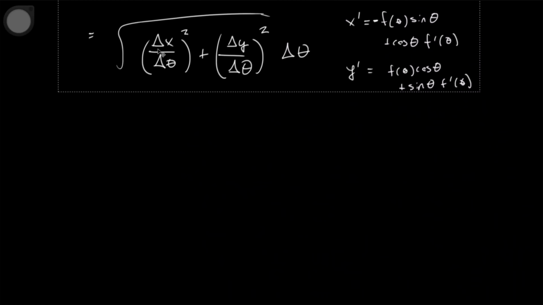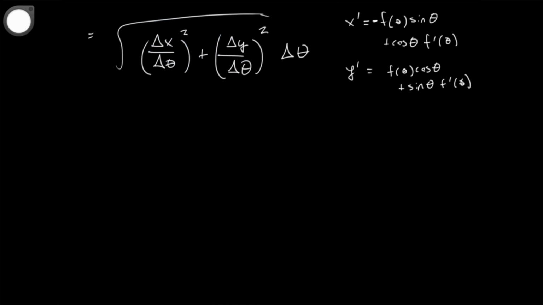Because this is a little bit of algebra. We're taking this stuff and plugging it in here. The first thing I'm going to do is say that delta x over delta theta is the derivative of x squared, and delta y over delta theta is the derivative of y quantity squared. And then I'm going to plug this stuff in.